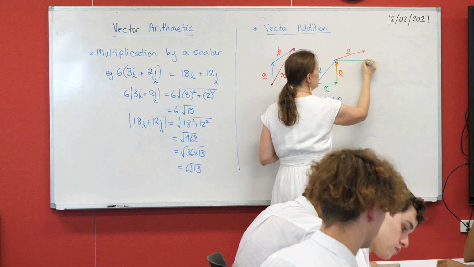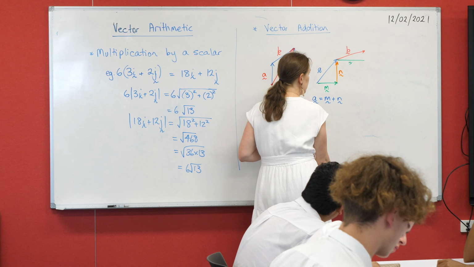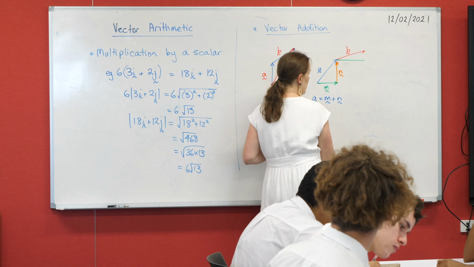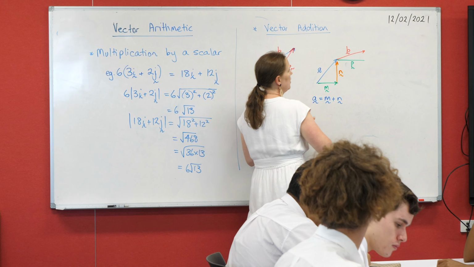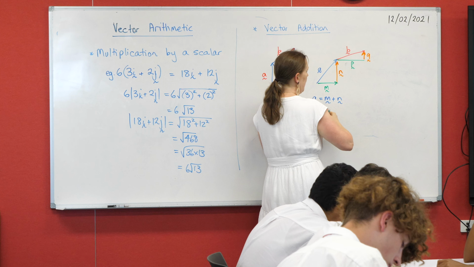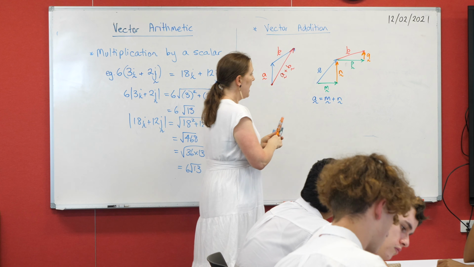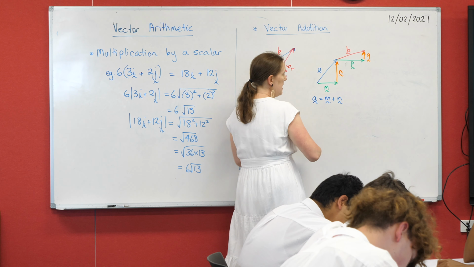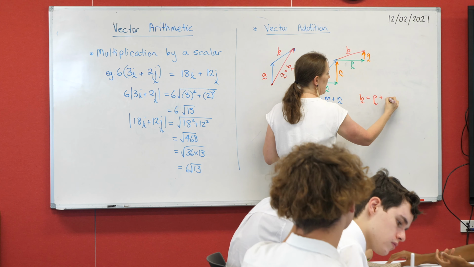So in this direction, I have, let's call it P. And in this direction, I have Q. And so again, I have that my vector B is the sum of vector P and vector Q.